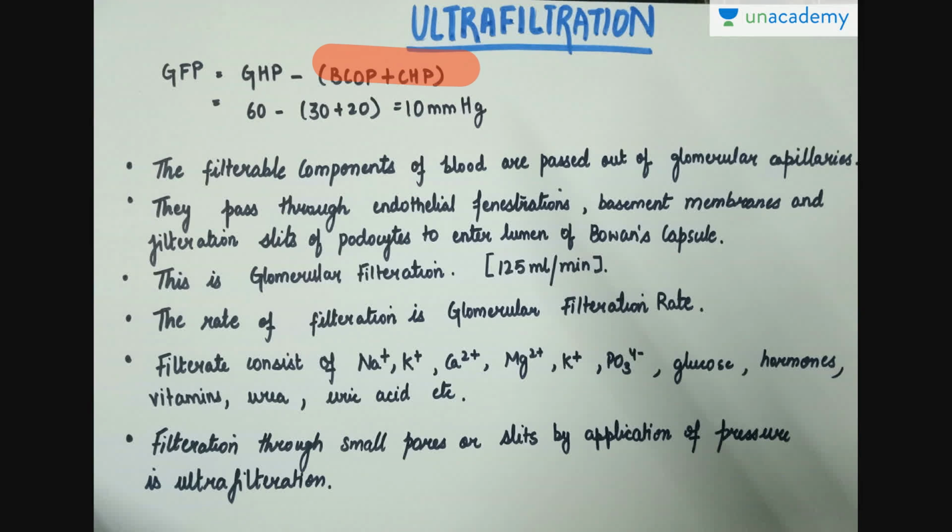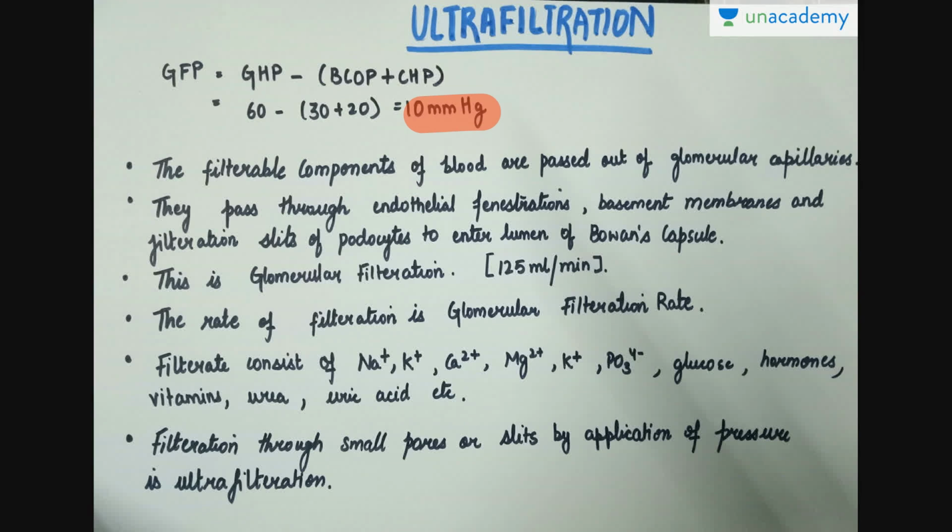So these are the negative pressures which oppose the movement of filtrate. The glomerular filtration pressure equals GHP minus the sum of BCOP and CHP, which comes out to be 10 mmHg.